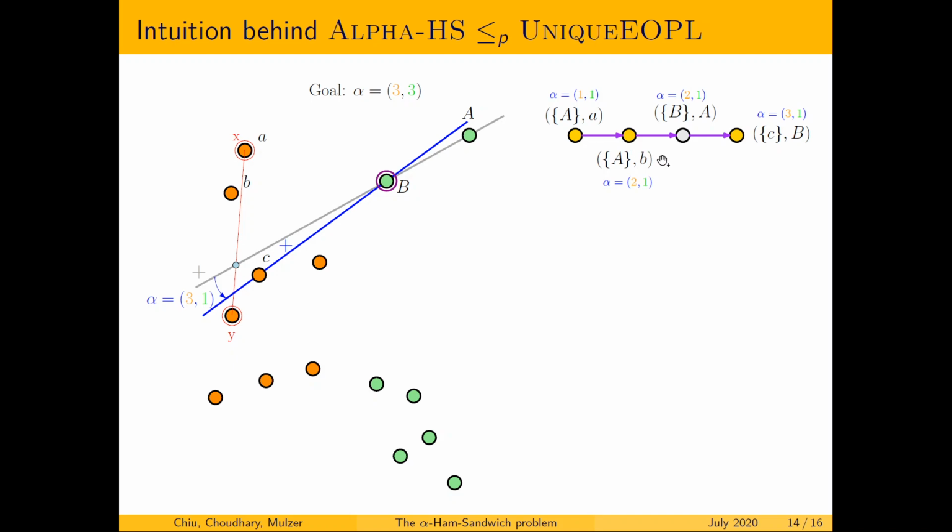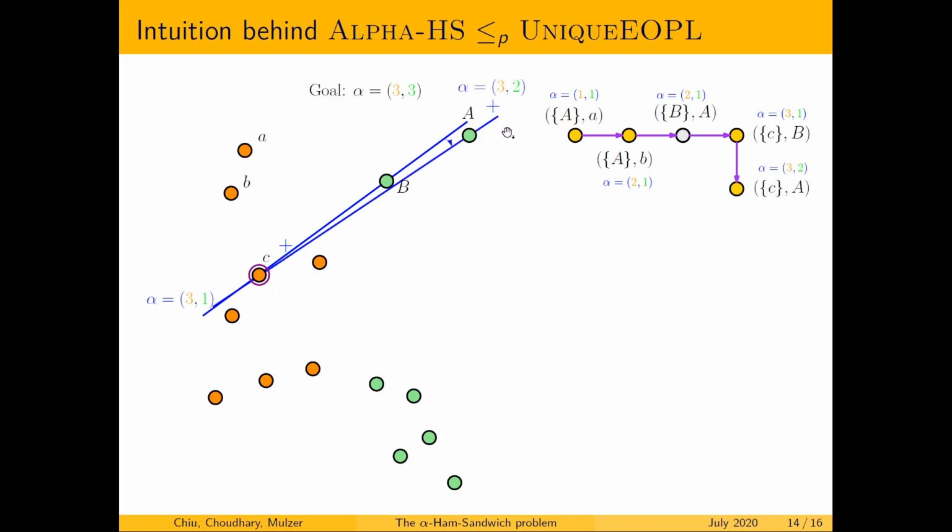So these are colorful hyperplanes, and this is a non-colorful hyperplane which was passing through the 2 green points. Now it is time to increase alpha for the green points. So we switch the anchor to an orange point and we continue the rotation.